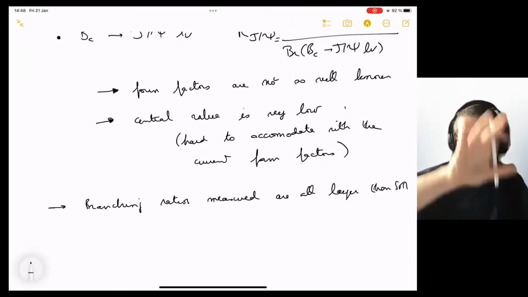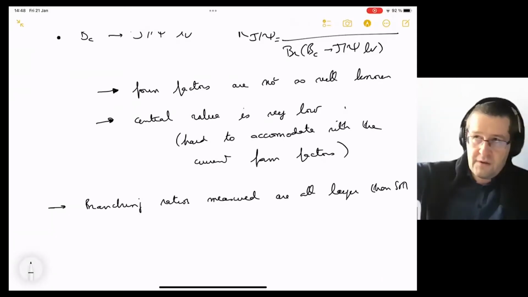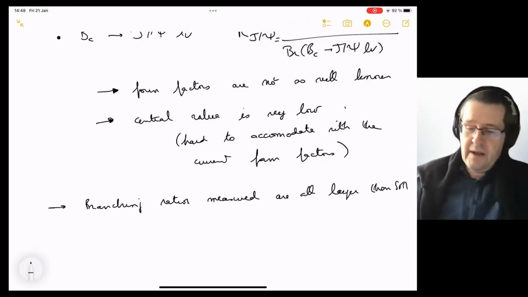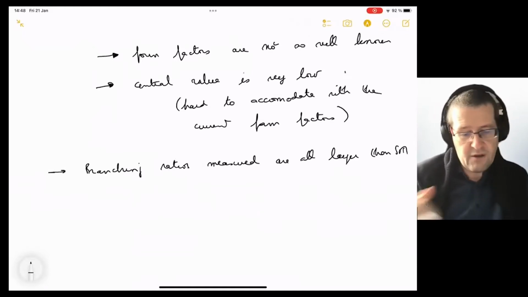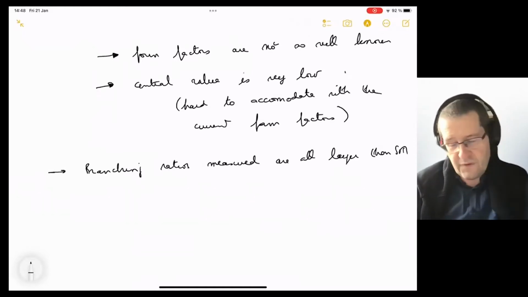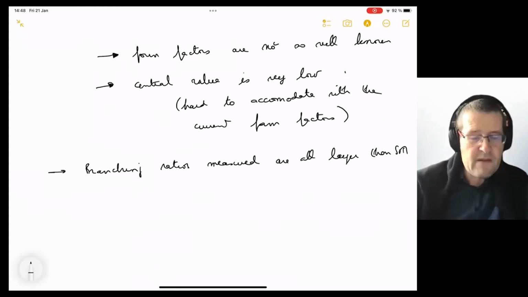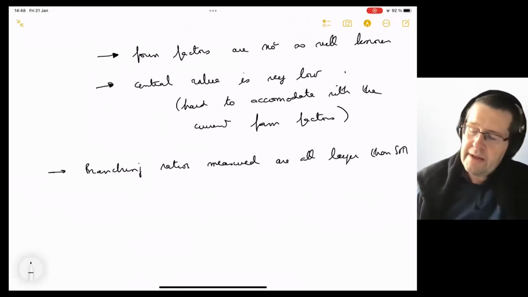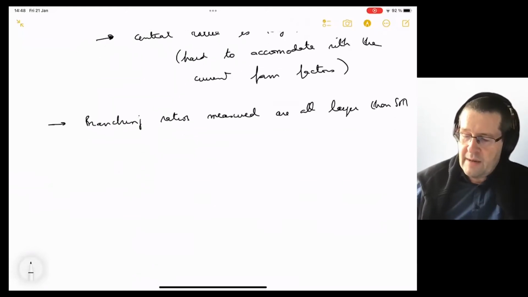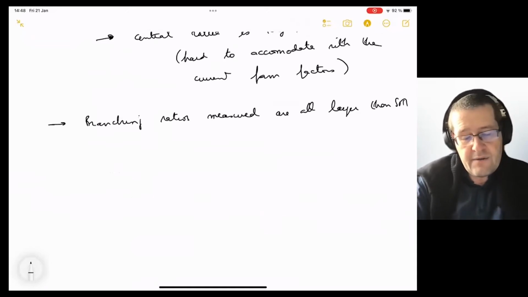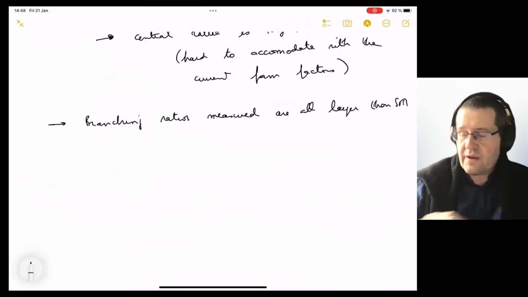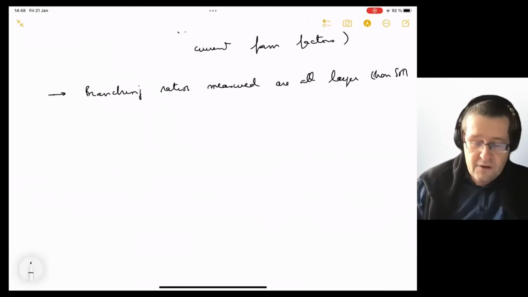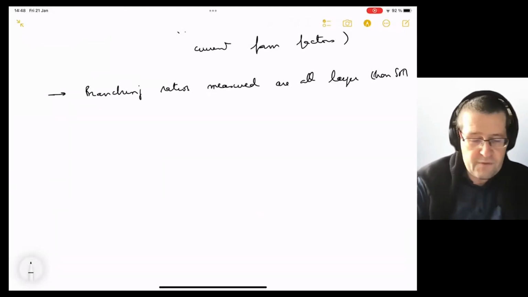Remember that the standard model prediction was low compared to the experimental measurement for RD star. The situation for BC is also similar, in the sense that you seem to have the same kind of trend concerning a general scaling of all RD and all lepton flavor universality violating probing ratios, whereas at least for B2D star tau nu, you don't seem to have any kind of deviations at the accuracy at which measurements are performed.